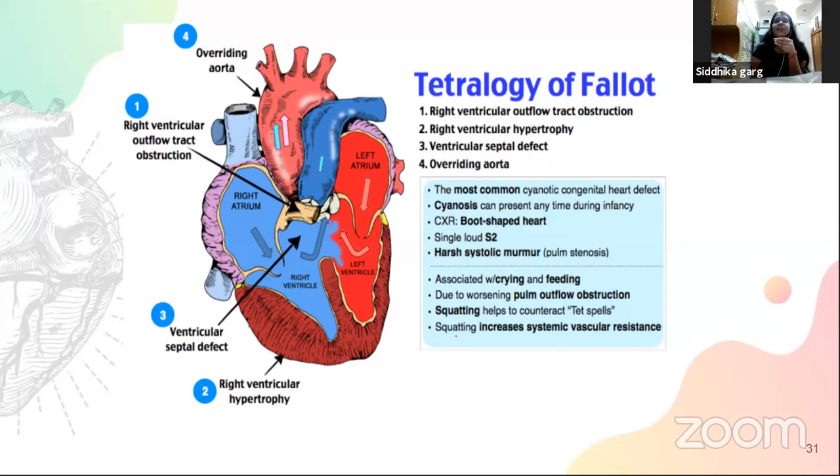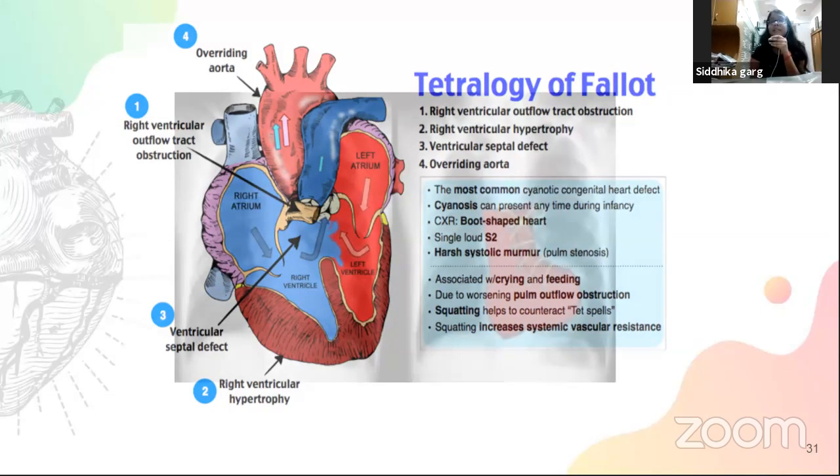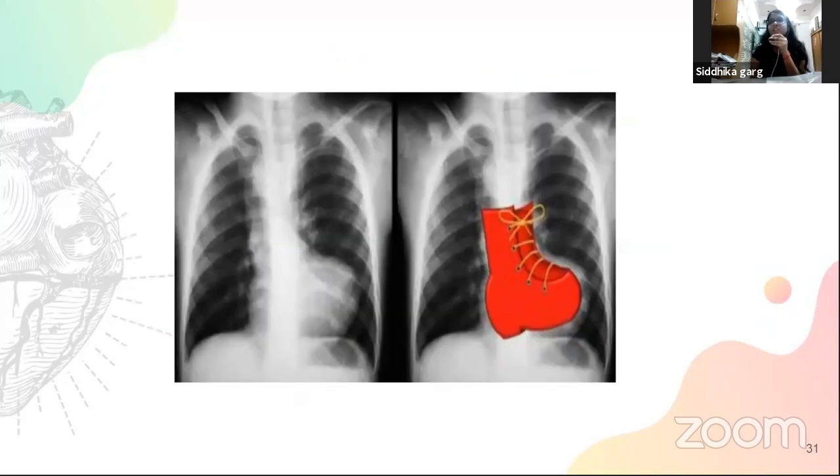It increases the afterload against which the left ventricle has to contract, which increases the pressure in the left ventricle, and so prevents blood flow from the right ventricle to the left ventricle. Tet spells are the intermittent appearance of cyanosis which occurs during crying or feeding. Now I have a CXR which shows the boot-shaped heart, like you see in this condition, tetralogy of Fallot. Okay, next.